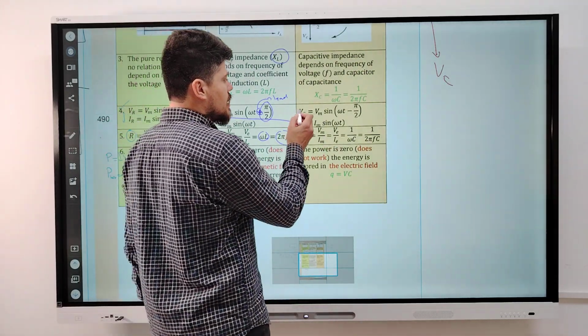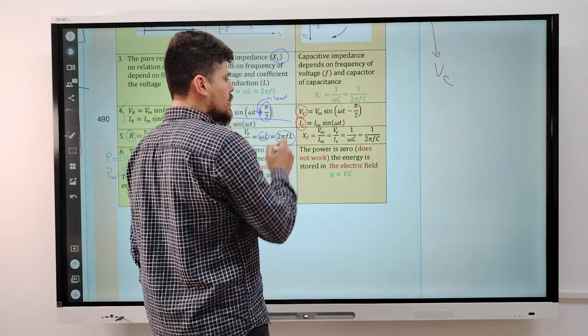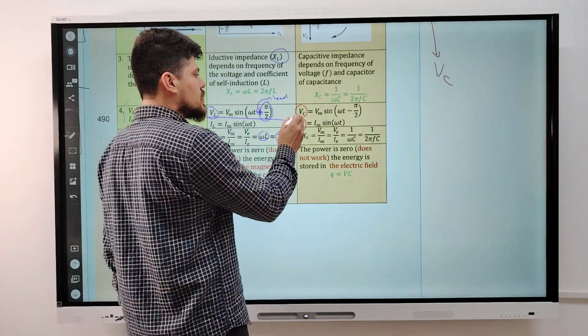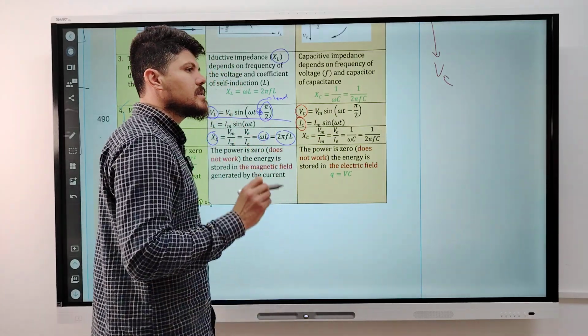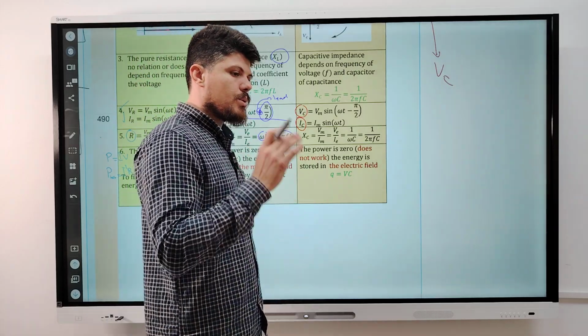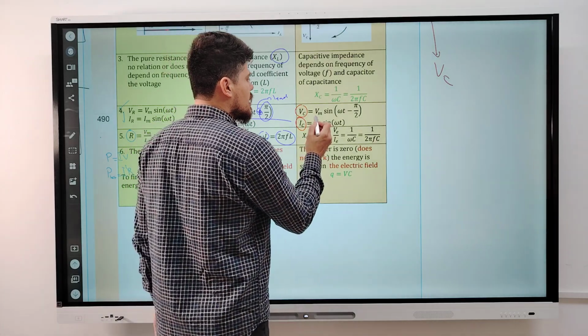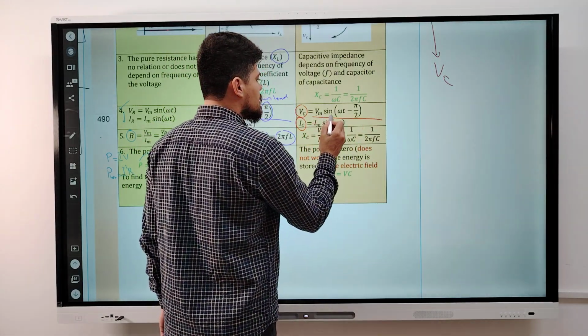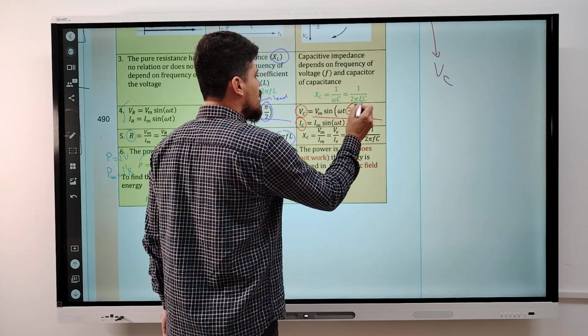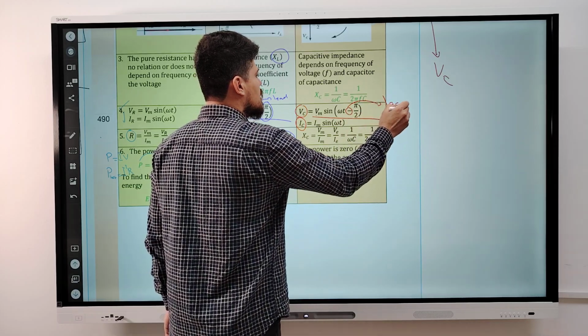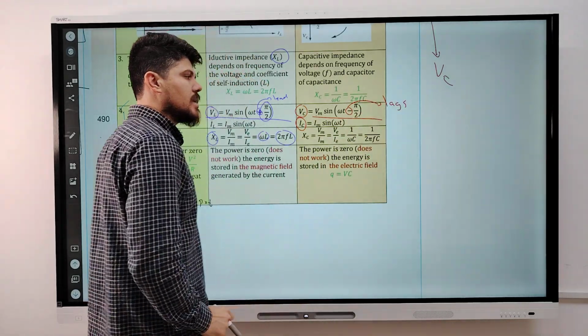And you can represent the equation of potential difference and current like that. For the potential difference, because in the capacitor circuit the potential difference lags behind the current, that is why the equation becomes like that: Vm sine (omega t minus pi over 2), minus because the potential difference lags behind the current.